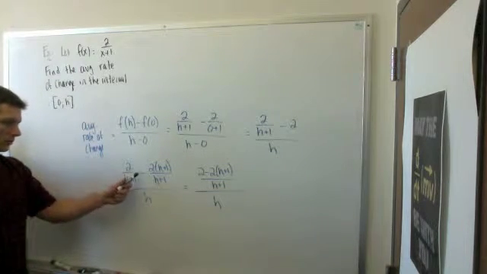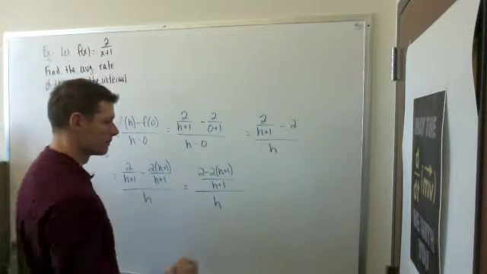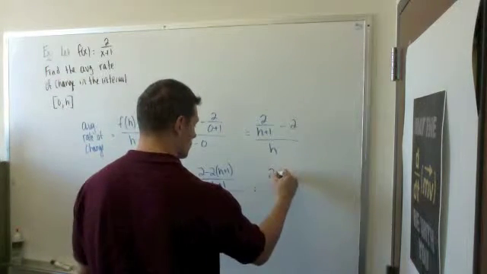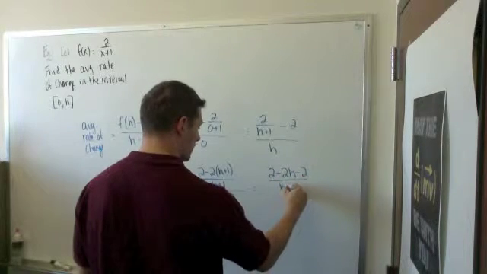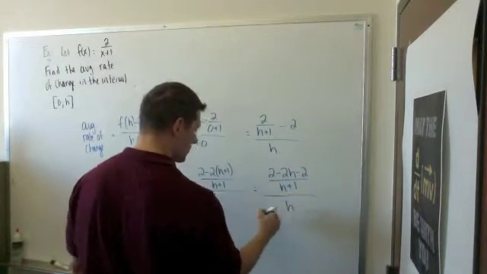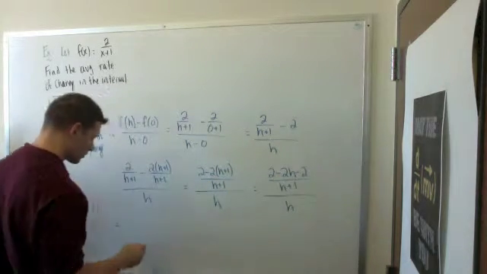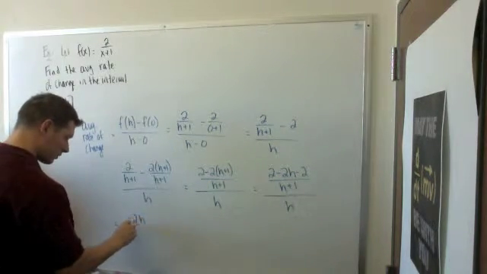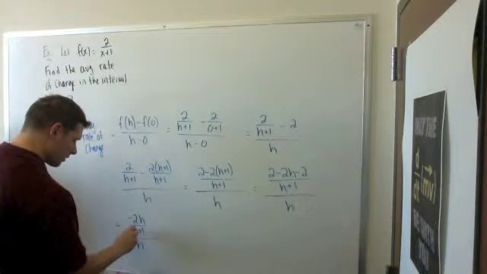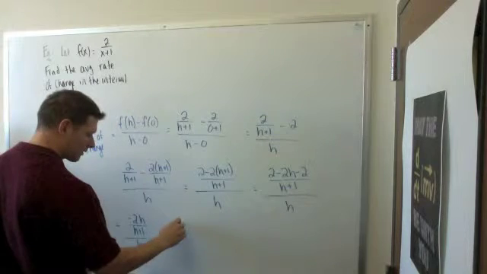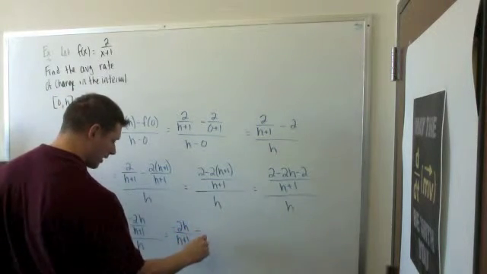Okay, the same denominator, 2 minus this guy. I'm going to distribute this 2 now. So I'll have 2 minus 2h minus 2 divided by h plus 1 all divided by h. Okay. 2 minus 2 is 0, so I'll have negative 2h divided by h plus 1 all divided by h. Okay. And this means, guys, negative 2h over h plus 1 divided by h.